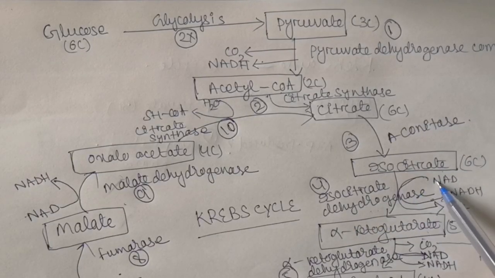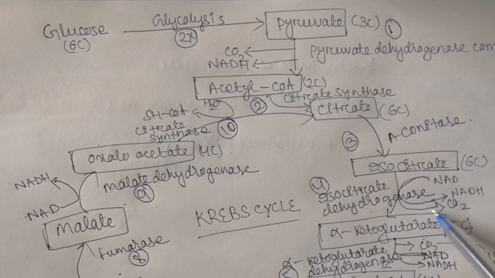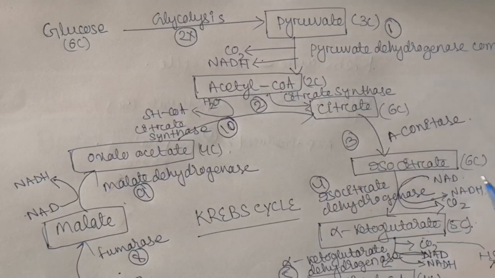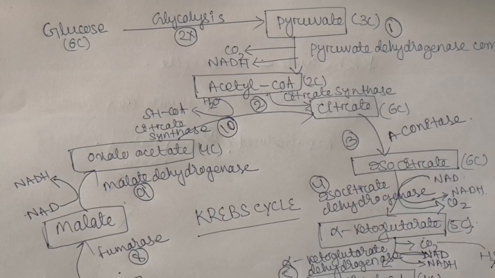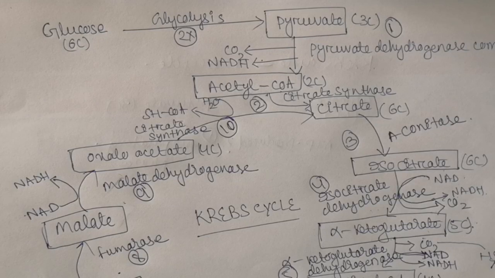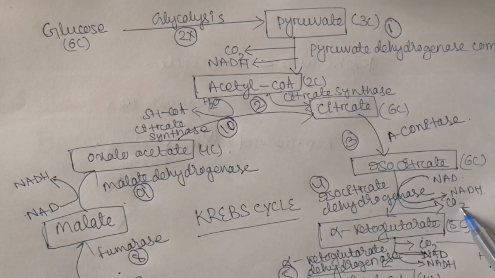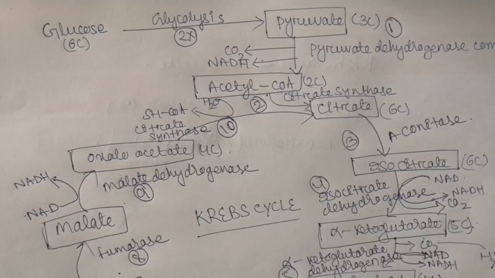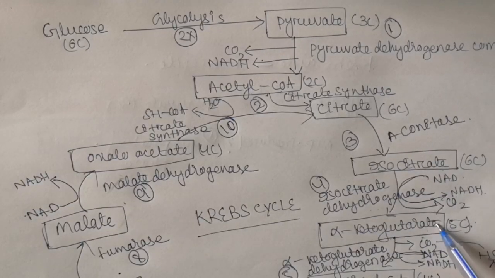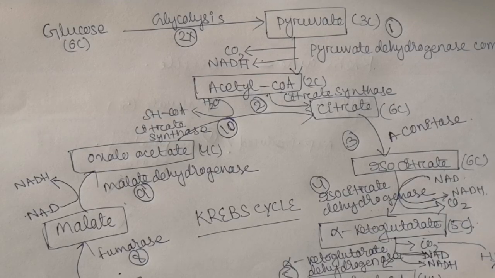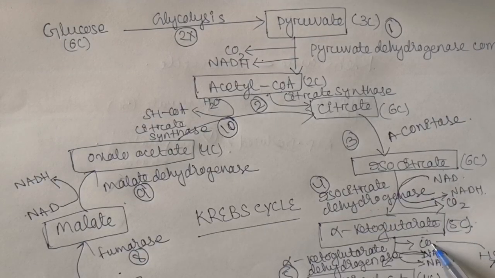Along with it, NAD is reduced into NADH, and one molecule of carbon dioxide is also released. Hence, alpha ketoglutarate is a 5 carbon compound, since one carbon is lost as carbon dioxide.